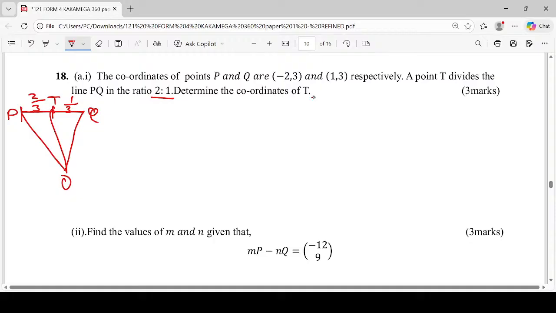That way, to get the coordinates of the point T, I'm going to use the ratio theorem.